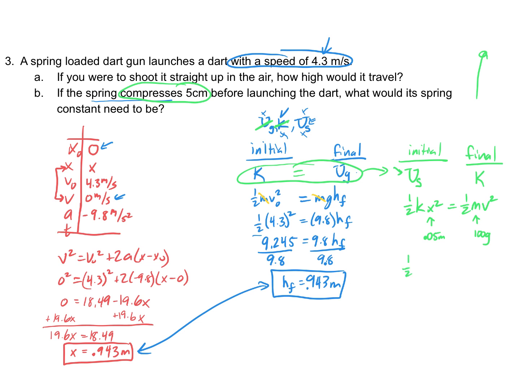I'm going to go 1/2 times k times 0.05 squared is equal to 1/2 times the mass, which is 100 grams, so that'll be 0.100 kilograms. It's got to be in kilograms, times the velocity, which was that 4.3 squared. All right, now I can multiply everything over on the right. So if I do 1/2 times 0.100 times 4.3 squared, then I get 0.9245.